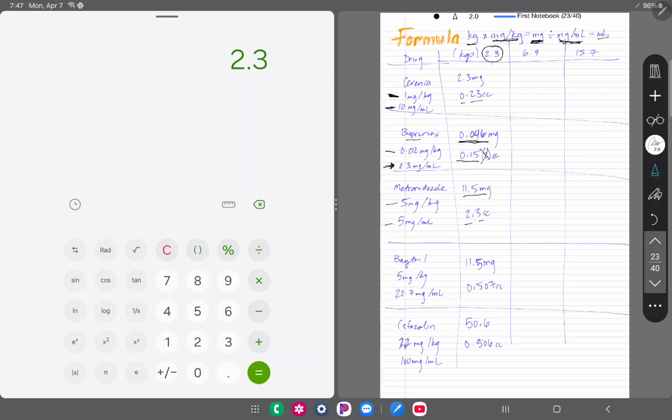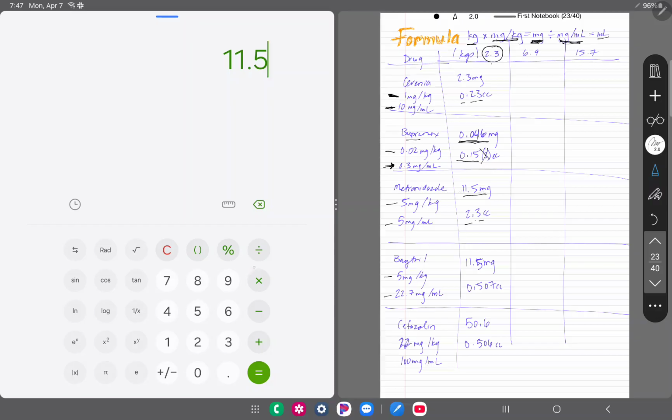Moving on to Baytril. Again, 5 mg per kg is your dose. 22.7 mg per mL is your concentration, or what's on the bottle. So if I take 2.3 times 5, I'm going to get 11.5 milligrams.